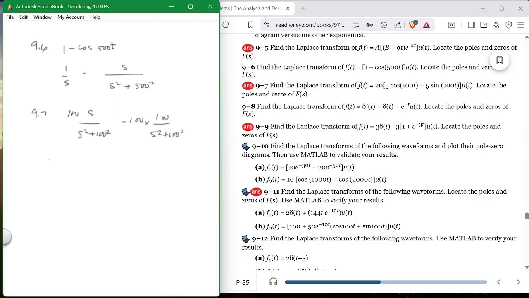Okay, number 9. I'm going to skip number 8. We're going to number 9. Leo? Yep. The delta function is just 1.